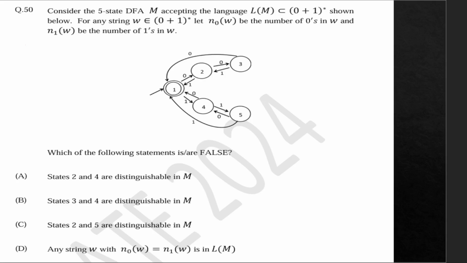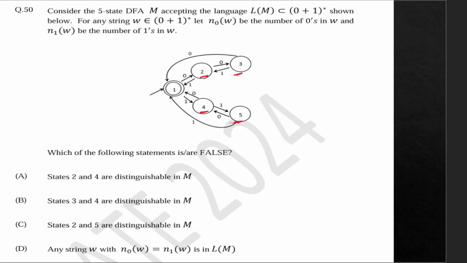Alright everyone. So when we try to minimize this given DFA, we can notice that 3 and 4 have the same inward and outward transitions and they are indistinguishable. The same goes for 2 and 5.